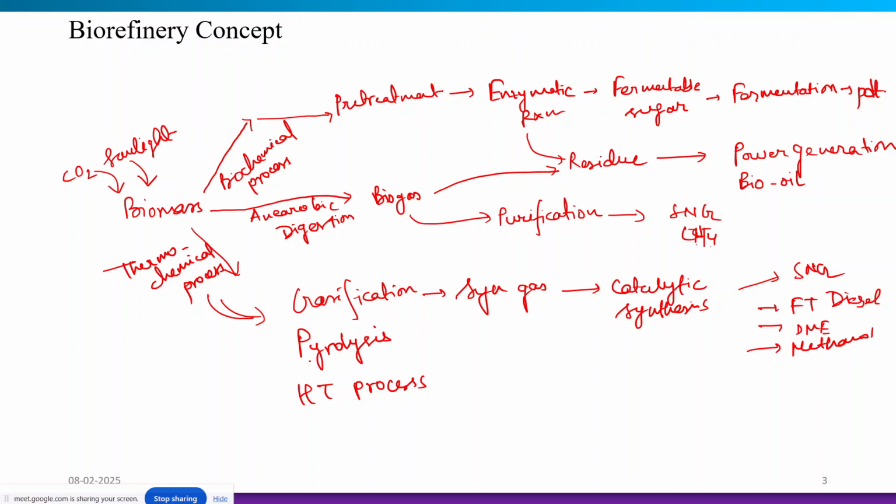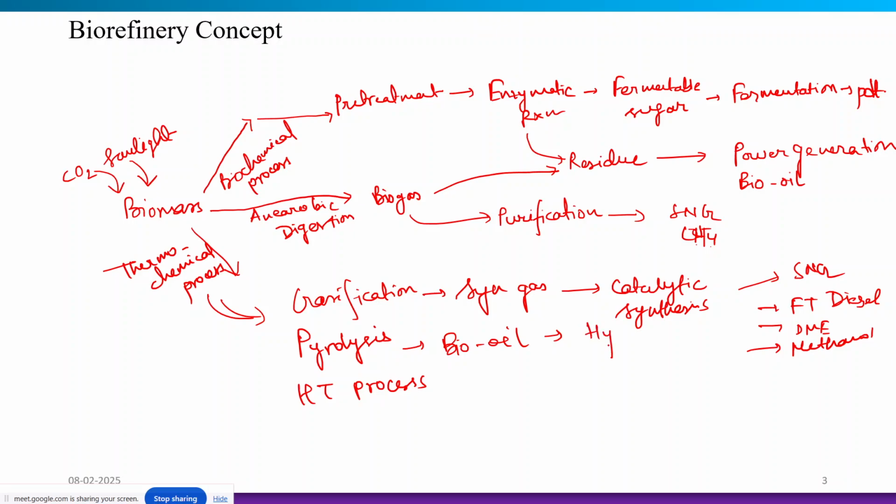Later one, when we consider this pyrolysis process, it is a low temperature, medium intermediate temperature process. So from where we will get mostly bio oil and solid charred product.